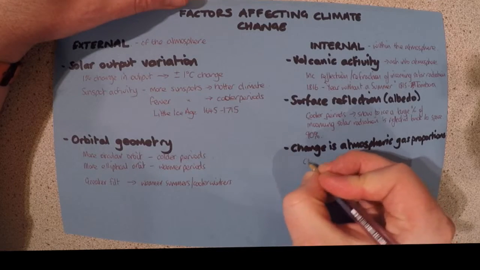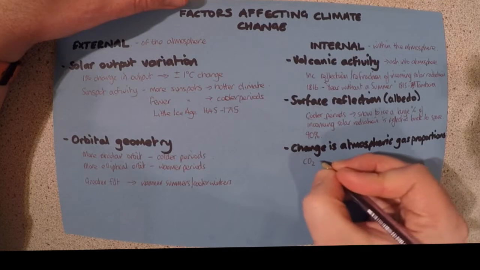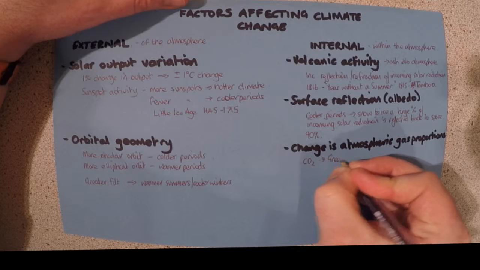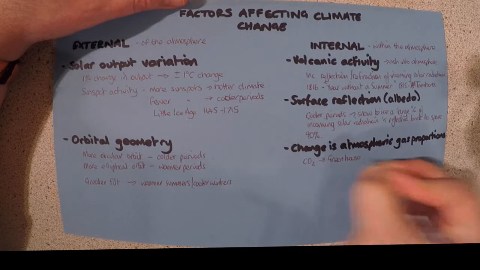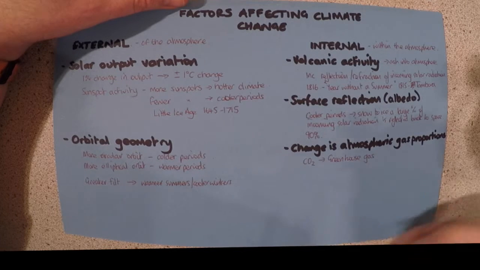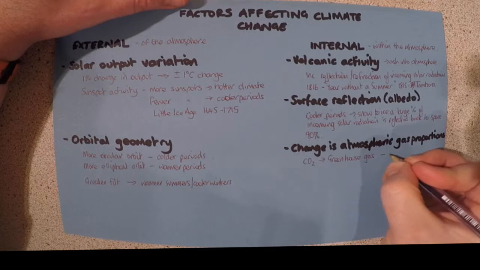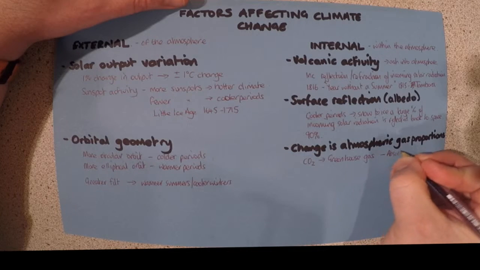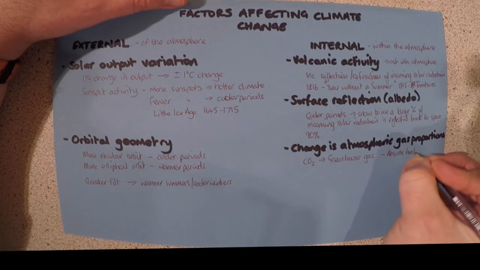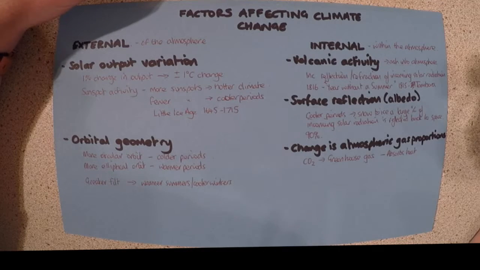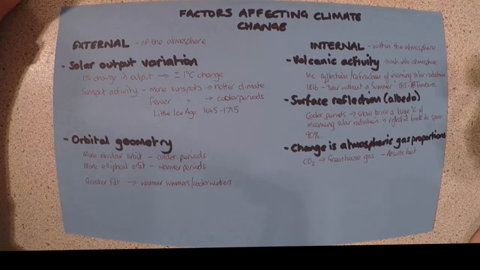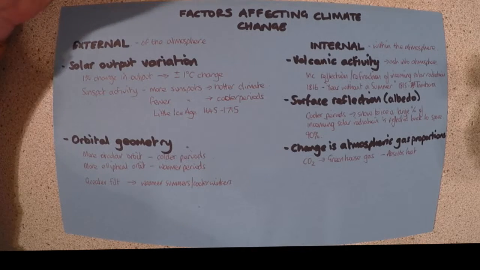One of those gases is carbon dioxide, which we can refer to as a greenhouse gas. What carbon dioxide actually does is absorb heat. Obviously, we hear about greenhouse gases being a bad thing. An increased amount of carbon dioxide is leading to higher global average temperatures.